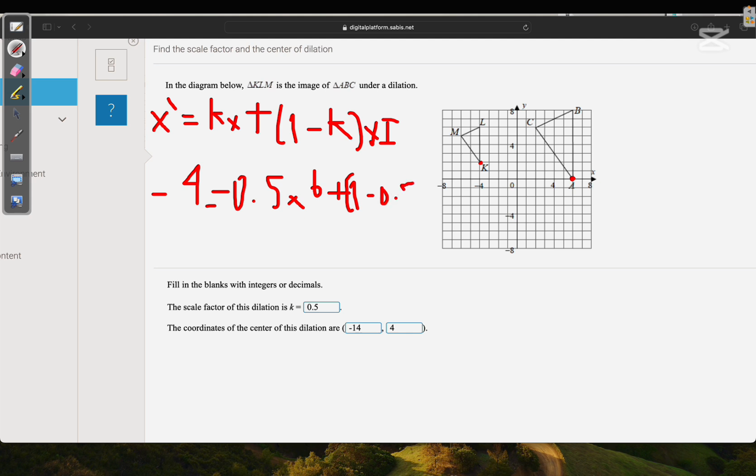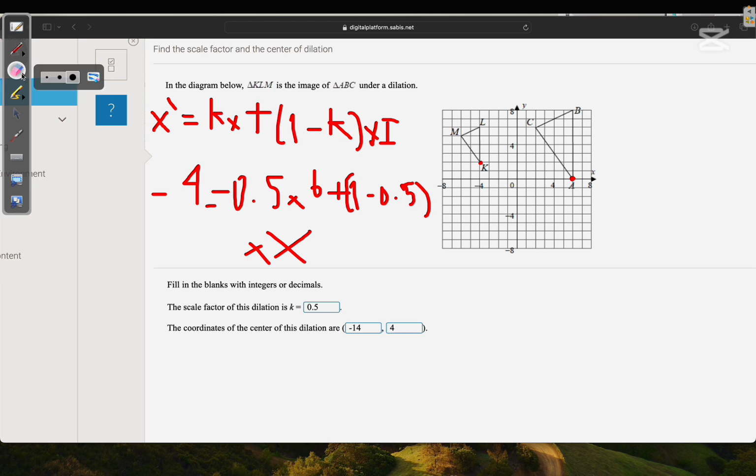Let's represent xi with x in this case, times x. So negative 4 is equal to 0.5 times 6, which is 3, plus 0.5x, which is equal to negative 14 as the x.